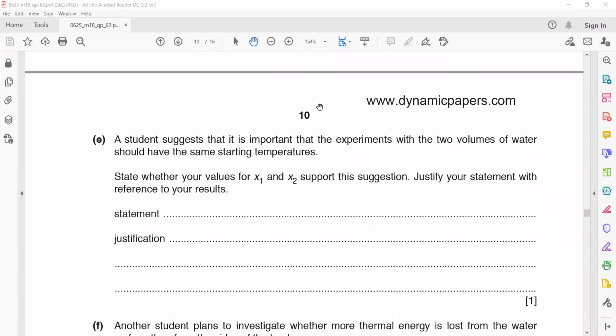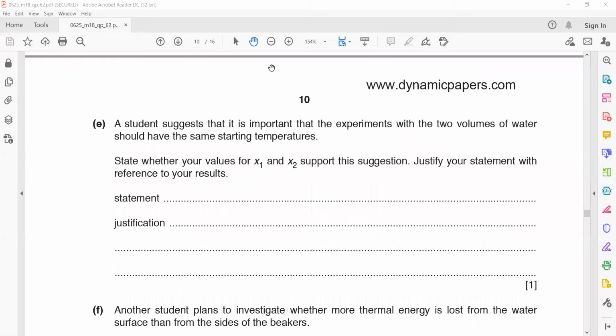So when we are comparing this, the value for x1, the rate of cooling in the first 90 seconds, was 0.094 and x2 was 0.067. So does it support the theory?